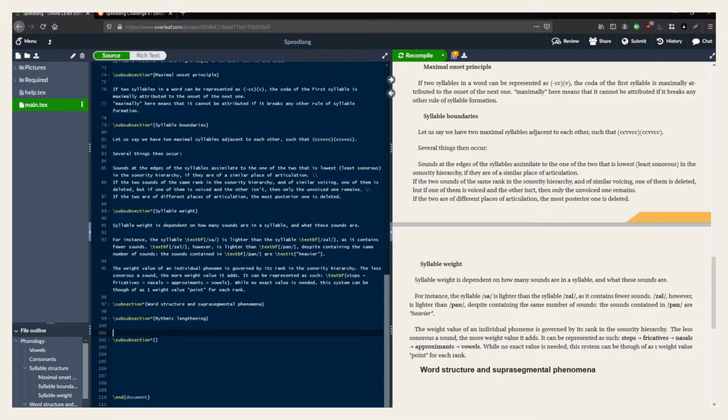I'll send it to you. So, rhythmic lengthening. So it should be quite regular. So let's define a rule. And I'm going to correct my typo too. Always better.